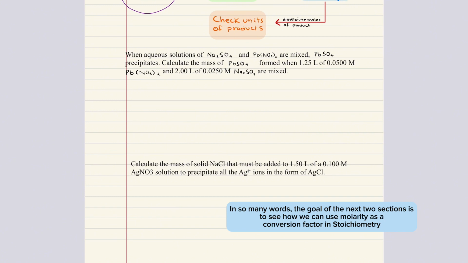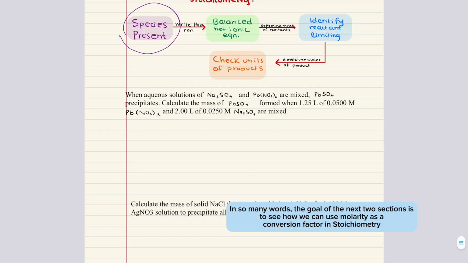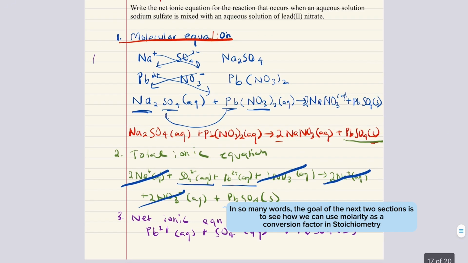And since sodium nitrate is soluble, but lead sulfate is insoluble, the product is going to be solid lead sulfate. That is what's going to form. So the best thing to follow up is to write your molecular equation, then write your total ionic equation, and then figure out finally the net ionic equation.